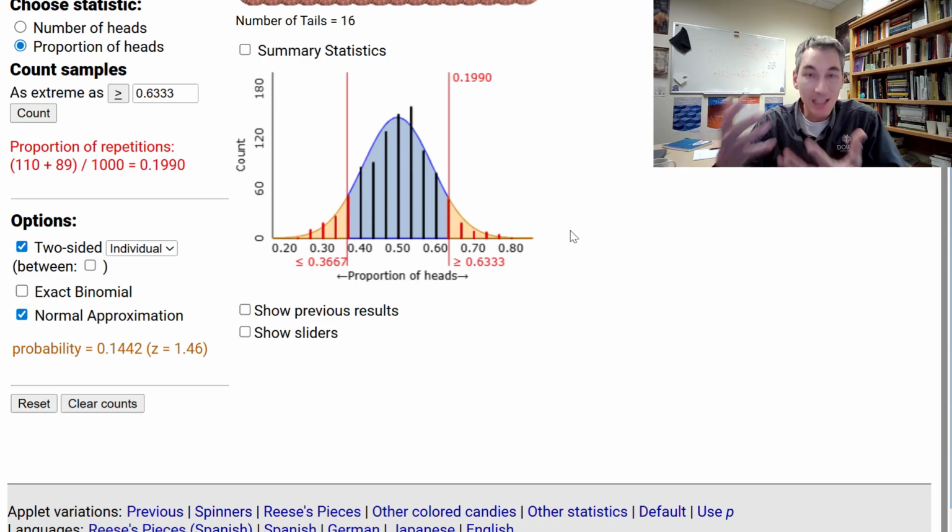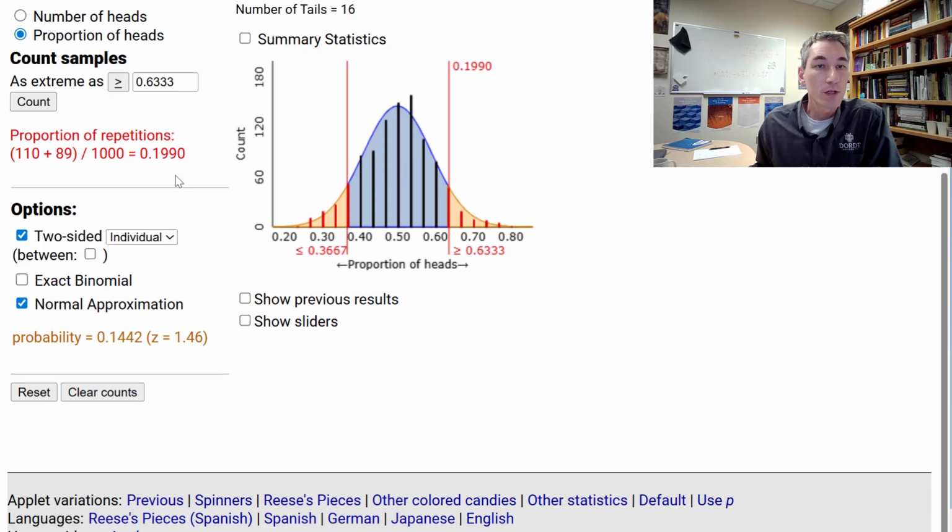So that's encouraging us that our theory-based test is appropriate. It calculates a p-value, 0.1442, which is not too dissimilar from 0.19. It's not exactly the same because the theory-based test will often be slightly different than a simulation, but it's close. And we would come to the same conclusion.